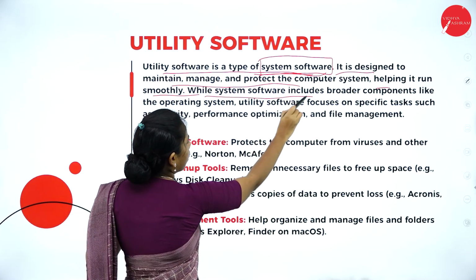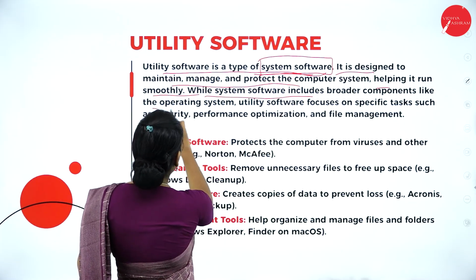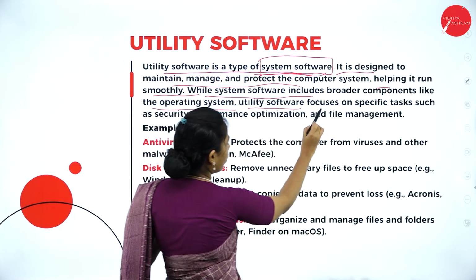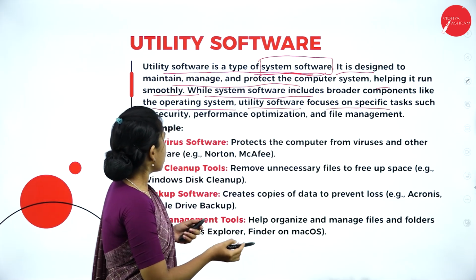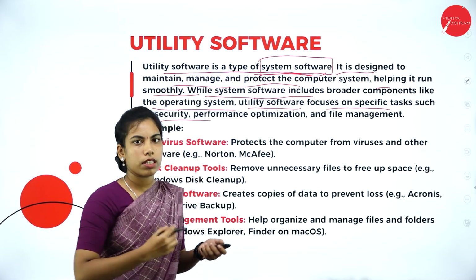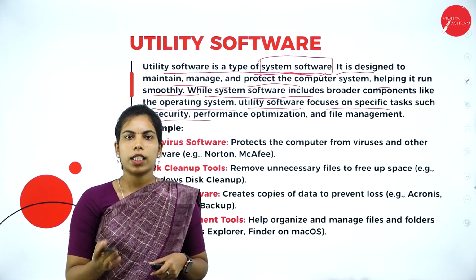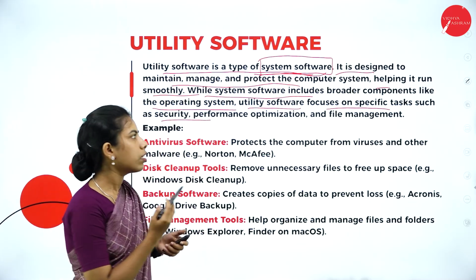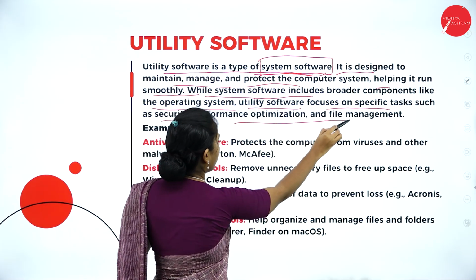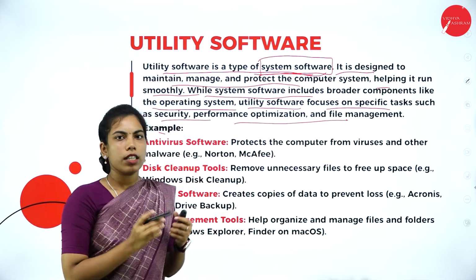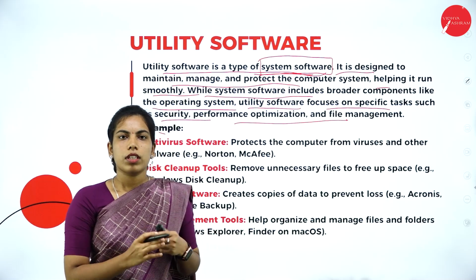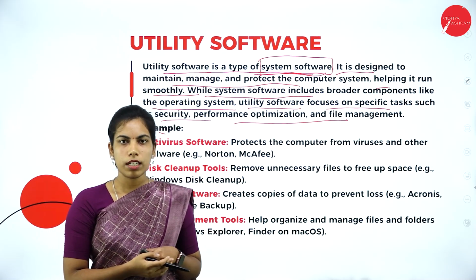While system software includes broad components like an operating system, utility software focuses on specific tasks such as security of the system. It builds much more security for our PC and performs optimizing and management, such as file management. These are examples of utility software.